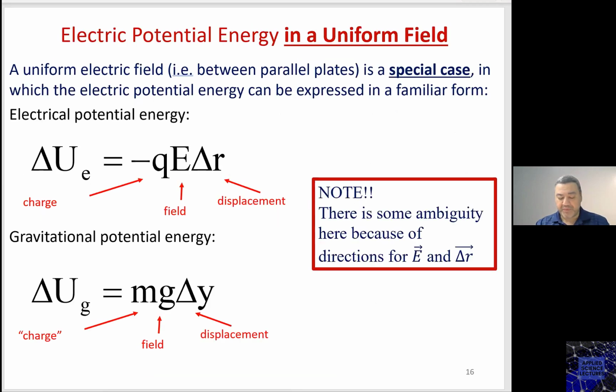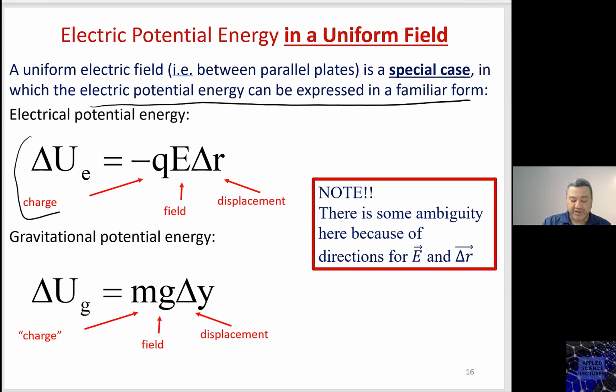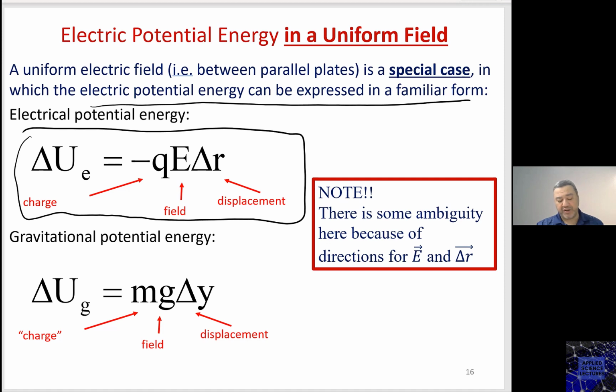Okay, so in electric potential energy in a uniform field, we have seen that the parallel plate capacitor is a special case where we can get a uniform electric field, and in this case the electric potential energy can be expressed in the form we have seen earlier, delta U equals minus qEd, where E is the magnitude of the electric field.